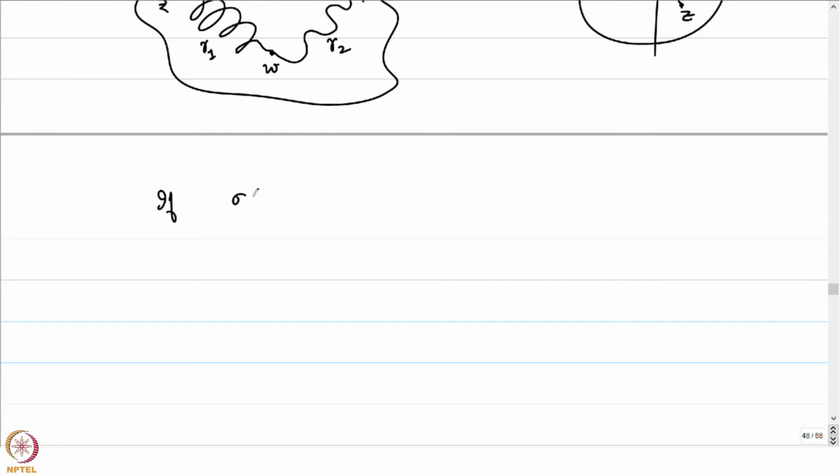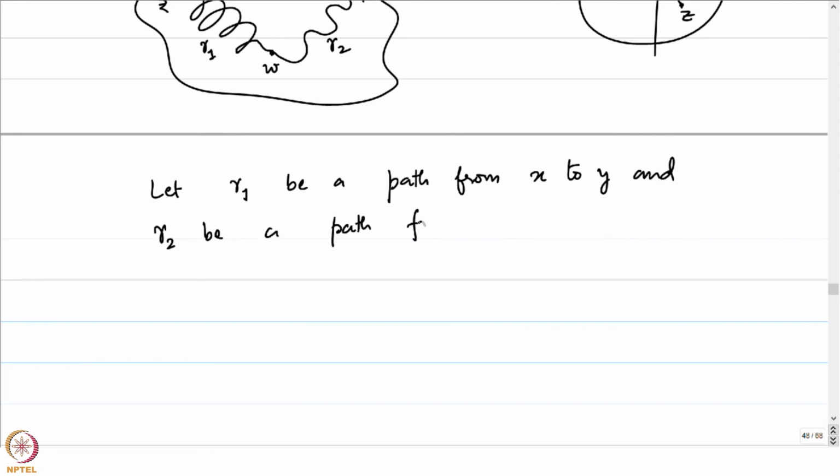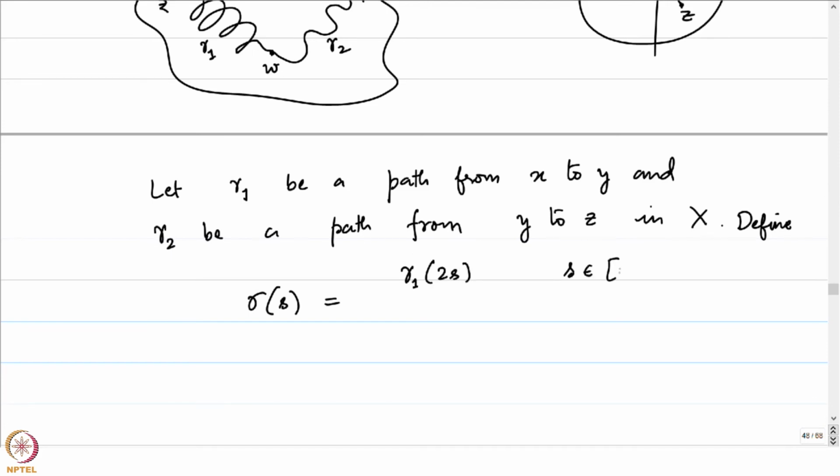Let gamma 1 be a path from X to Y and gamma 2 be a path from Y to, say, Z in a metric space capital X. Let's define a new path, sigma of S, to be equal to gamma 1 of 2S, where S is going from 0 to half.